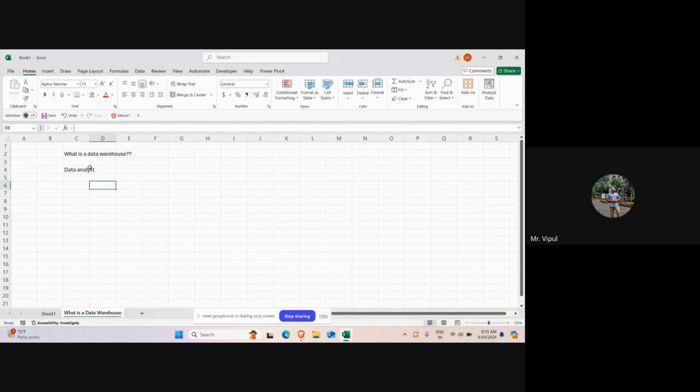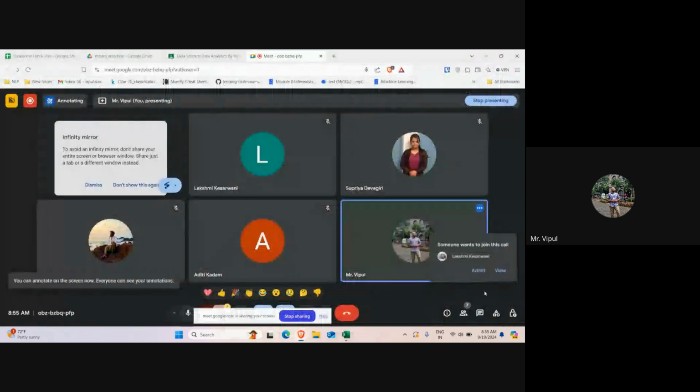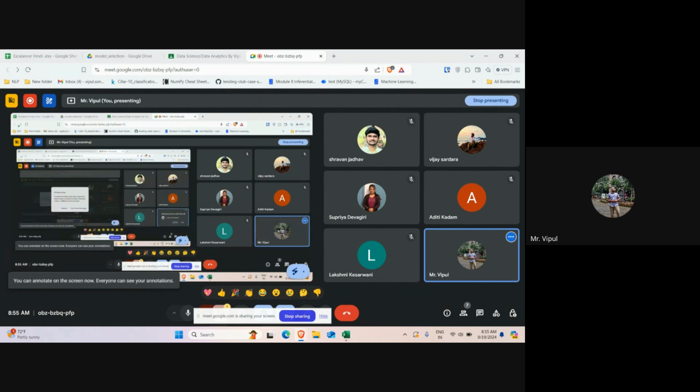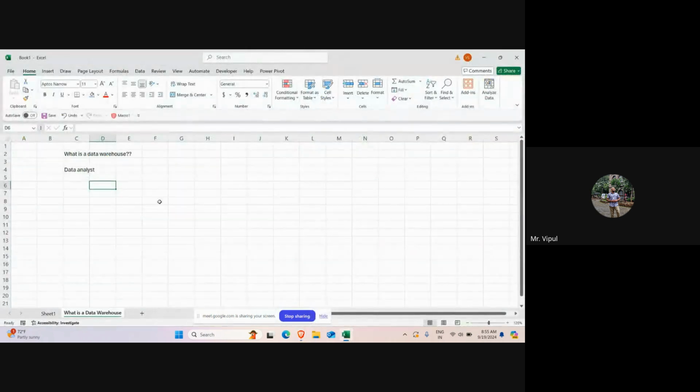So think of yourself as a data analyst working for a company that has the following three departments: marketing, sales, finance. Now let us assume that each department maintains its separate database. So each department has a separate database.